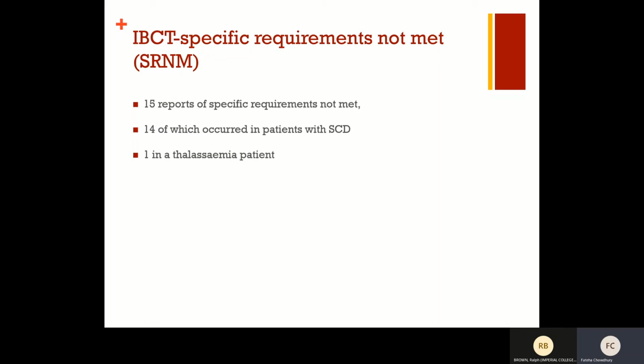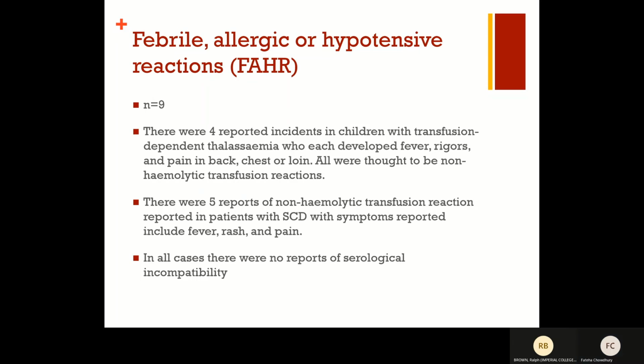For incorrect blood component specific requirements not met, there were 15 reports, 14 of which occurred in patients with sickle cell disease and 1 in a thalassemia patient. For febrile, allergic or hypotensive reactions, there were 9 reports. 4 were reported incidents in children with transfusion-dependent thalassemia, who each developed fever, rigors, back pain, chest pain, loin pain, and all were thought to be non-hemolytic transfusion reactions.